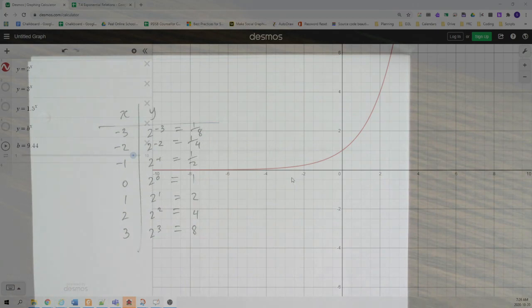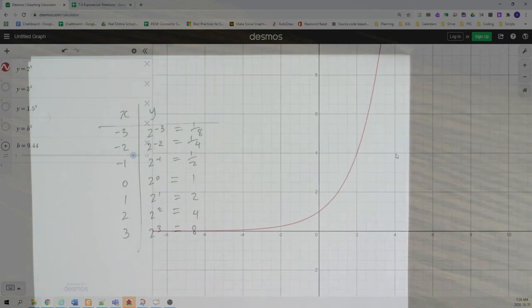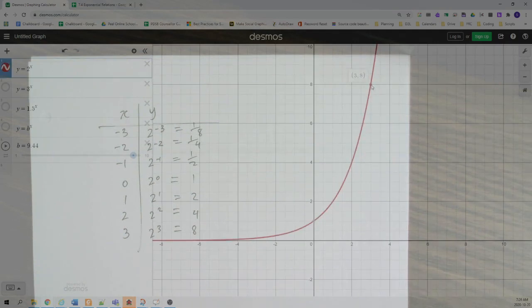So when x is -3, we have 1/8. When x is -2, we have 1/4. When x is -1, we have 0.5. X is 0, we have 1. And then 2, and then 4, and then 8. We could do this with a spreadsheet.